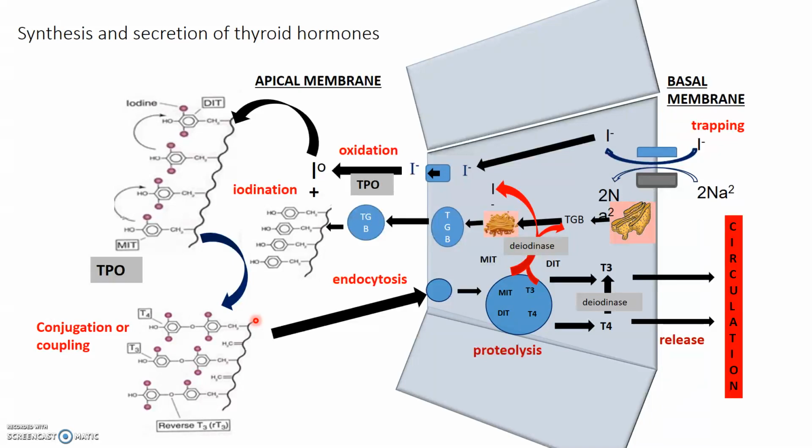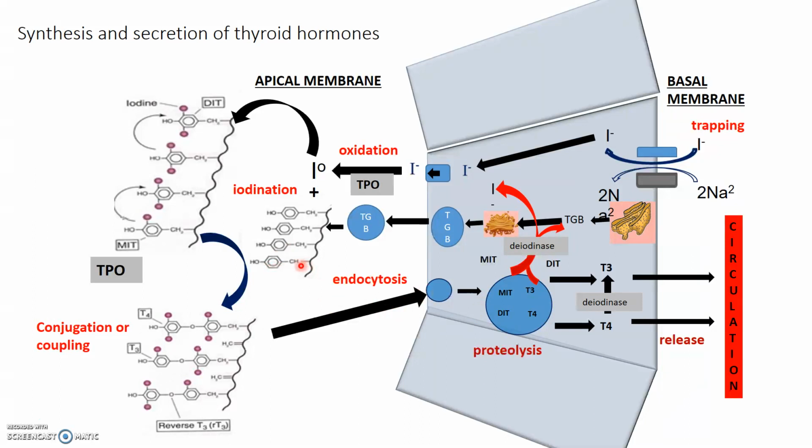Even if your thyroid has been shut down, you still have stores that can be released into the circulation to compensate for the shutdown of the thyroid gland. So that is all about the endocytosis process.